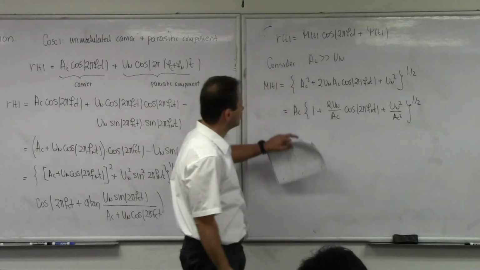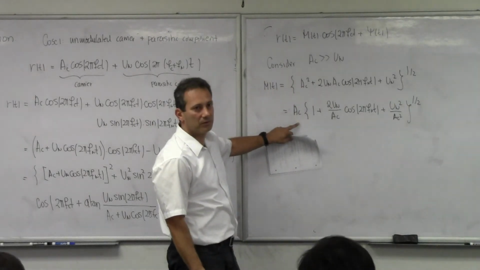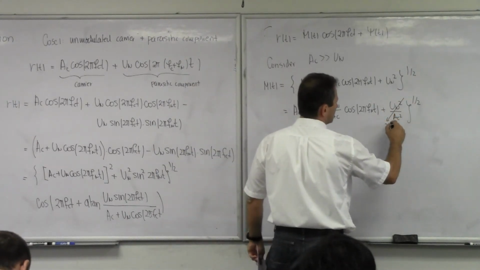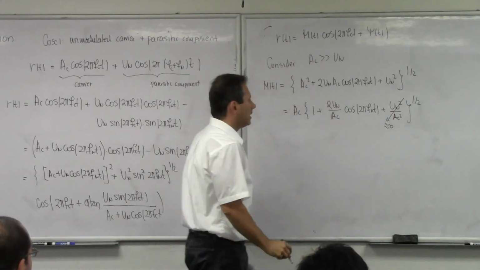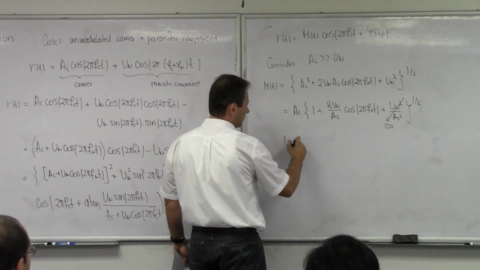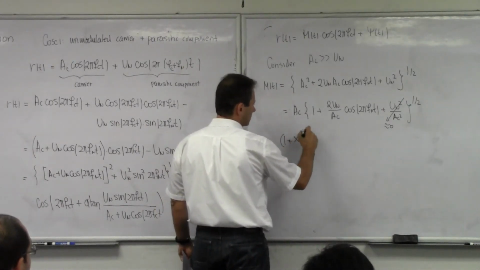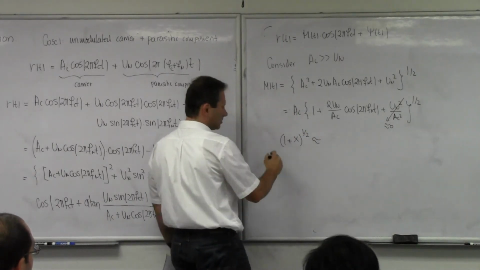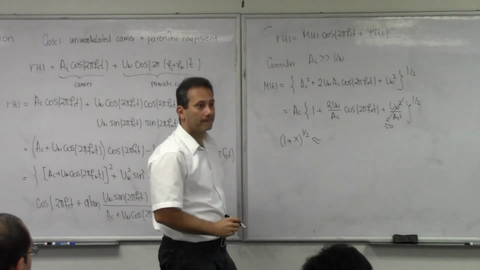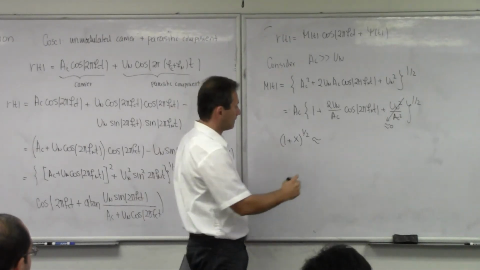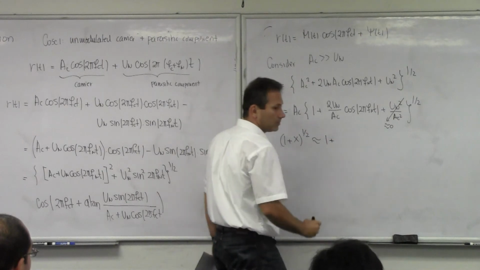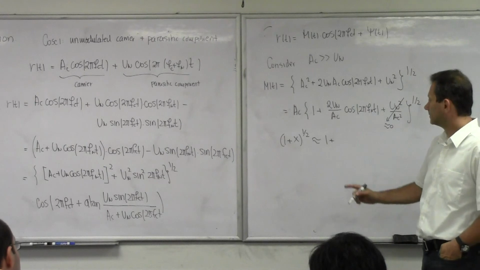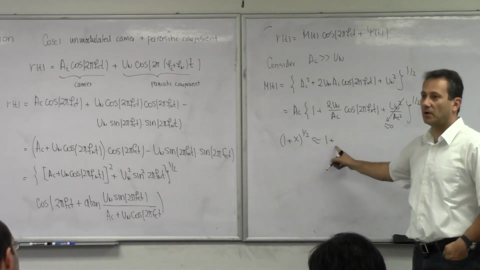All right, what did I do? I just took AC out of the square root. Now, this is small, right? So I'm going to say this is approximately 0. And we had this before. Let me see if you remember. 1 plus x to the 1/2 is approximately what when x is small? 1 plus x over 2 for small x.